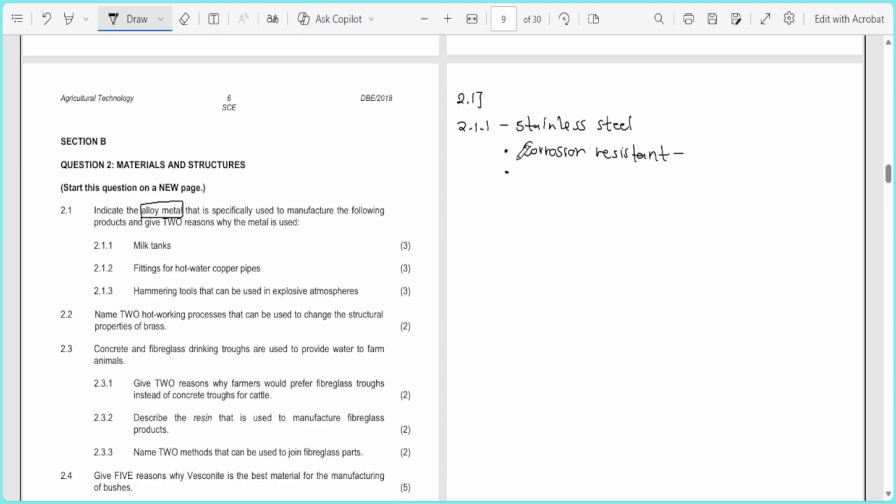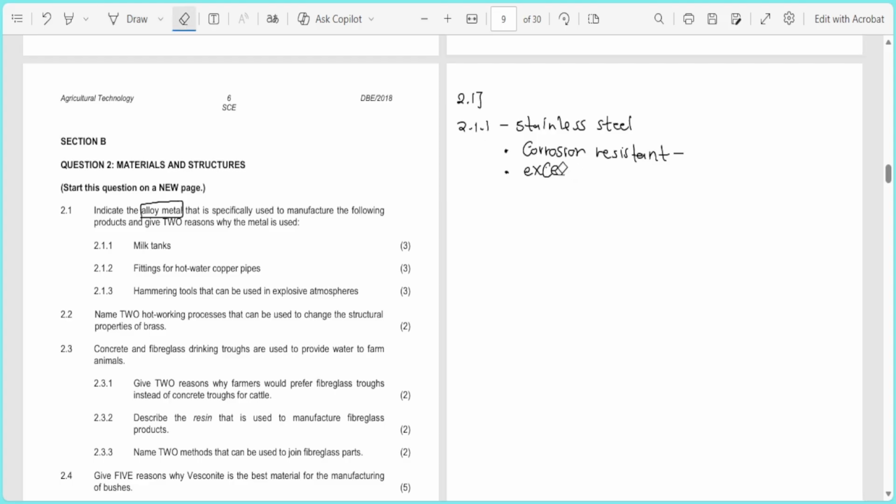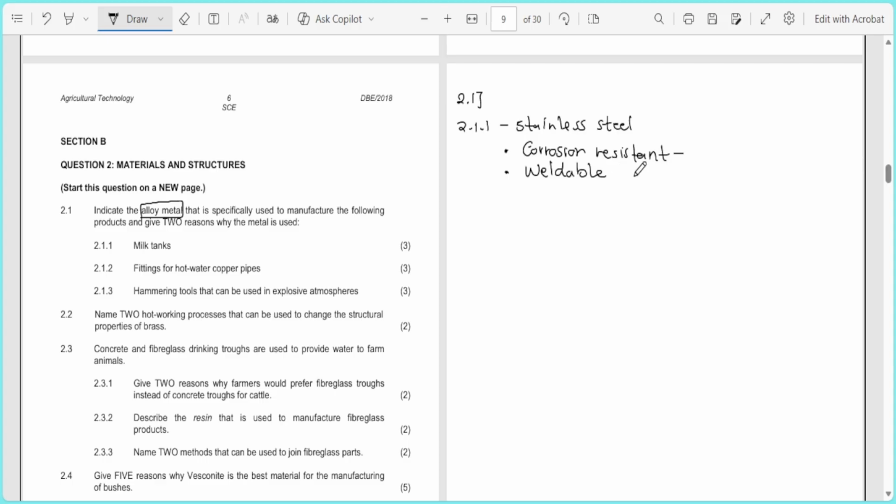Now, the second reason is that stainless steel is weldable. Is this even a word?